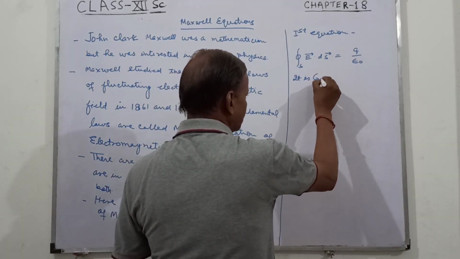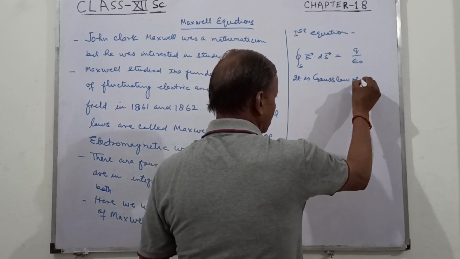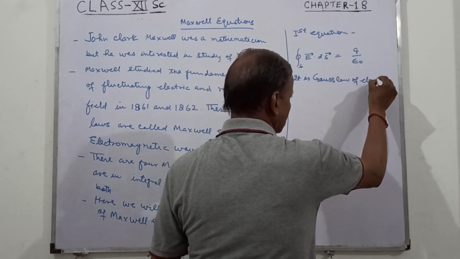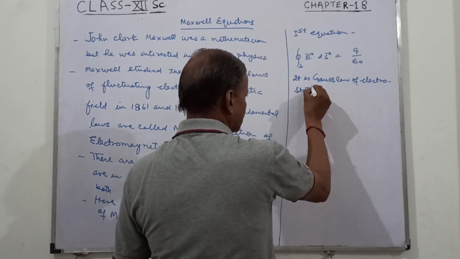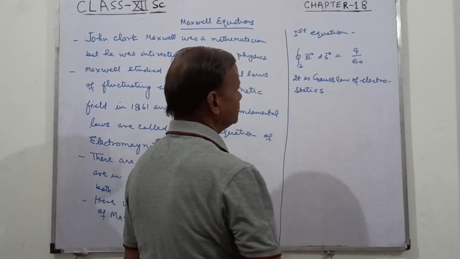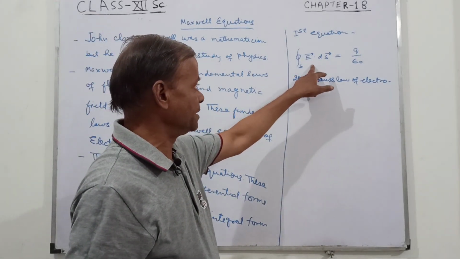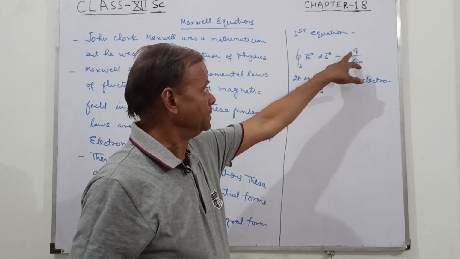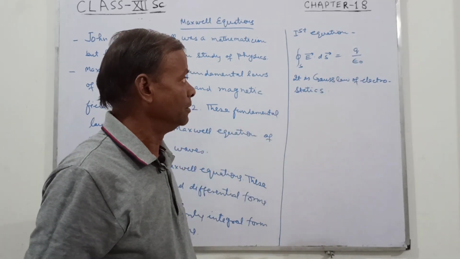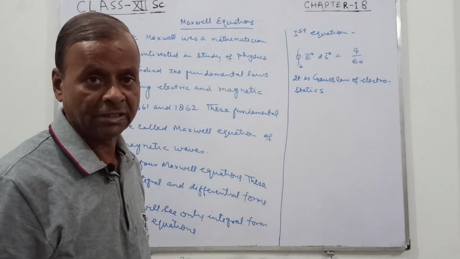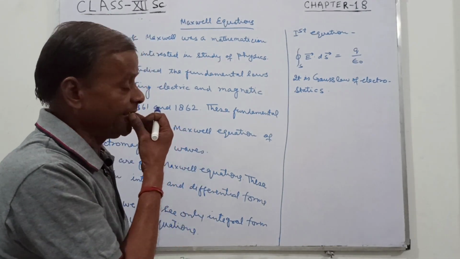E is the electric field, this represents the electric flux, Q is the total charge enclosed by the surface, and epsilon naught is the absolute permittivity of the free space.